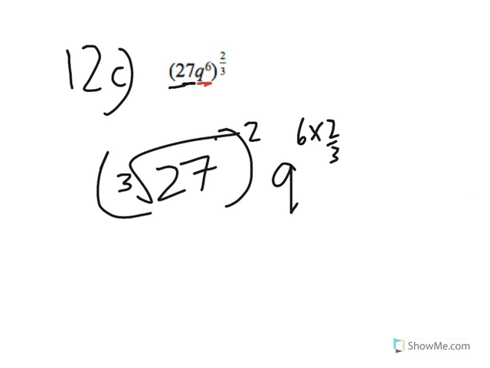We're dealing with the letter now. So what's the cube root of 27? It's nothing but 3. And 3 squared is 9. And q to the power of 6 times 2 over 3 is nothing but 4. So it becomes 9q to the power of 4.